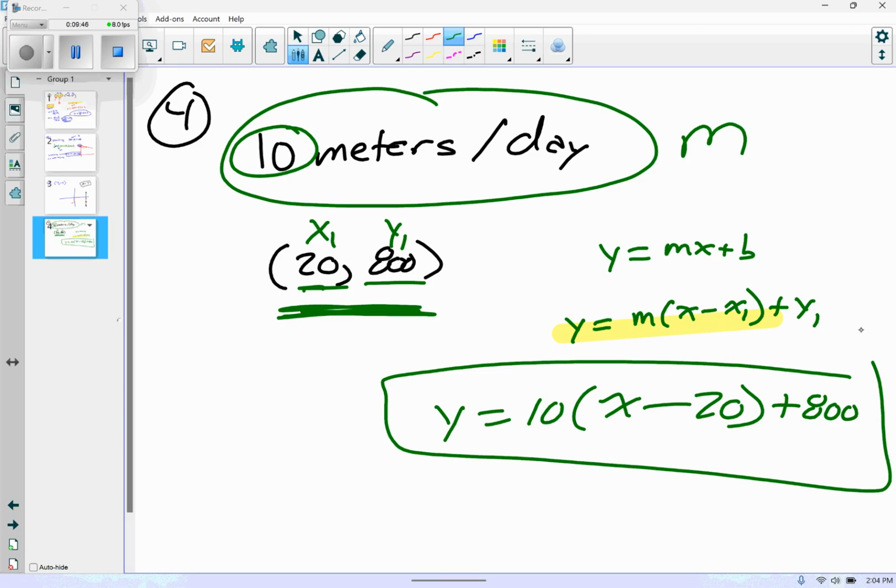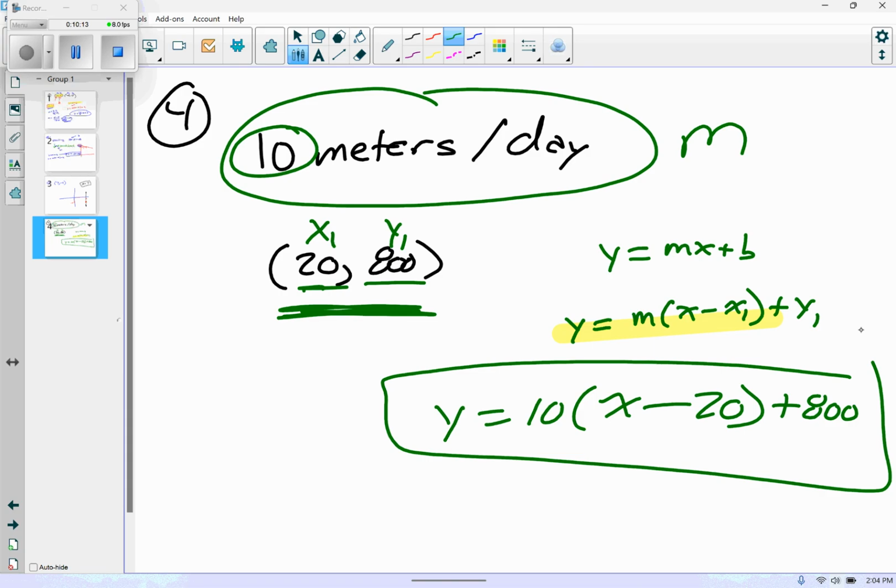Feel okay about that? Question back there. How do you know which equation to use? Okay, so the reason I went with the second one is I knew m. Well, m's in both of them, so that didn't really help us, right? But then I knew that this is just a point. If this was 0, 800, that'd mean this would have to be the y-intercept, but it's not. It's 20, 800. So if it's not the y-intercept, then it's the second equation.